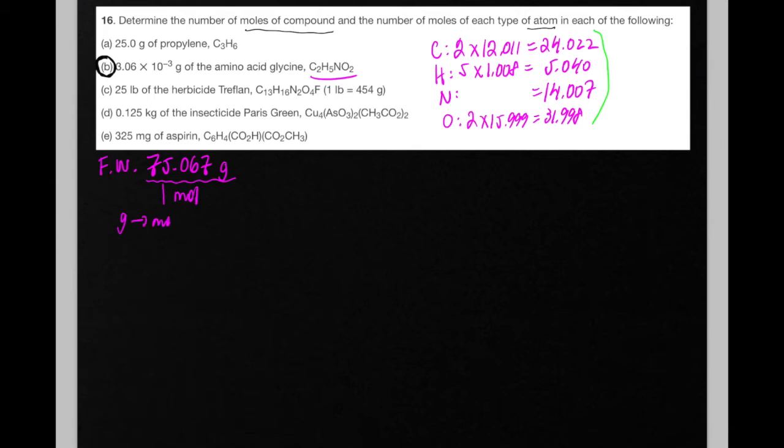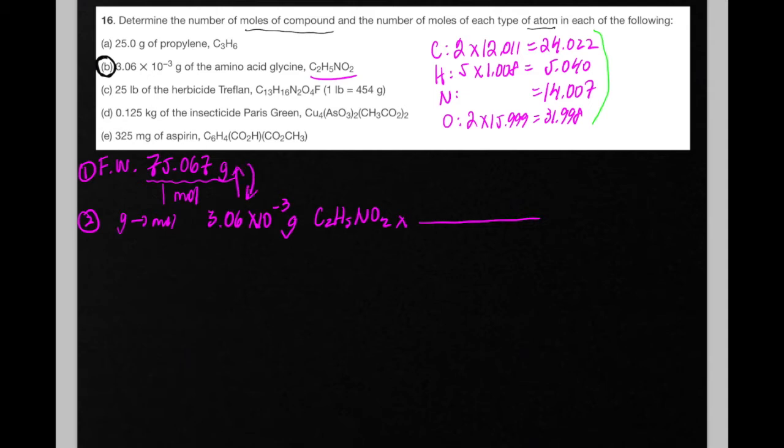Let's now convert grams to moles. So that was step 1, finding the formula weight. Step 2 is to convert grams to moles. So we have 3.06 times 10 to the minus 3 grams of this crazy looking formula. Okay, and we want to set up our conversion factor.